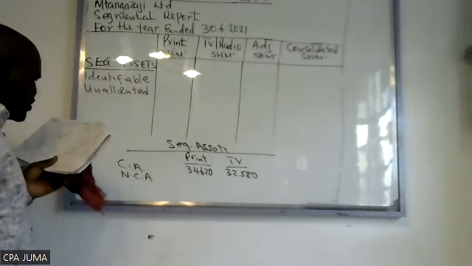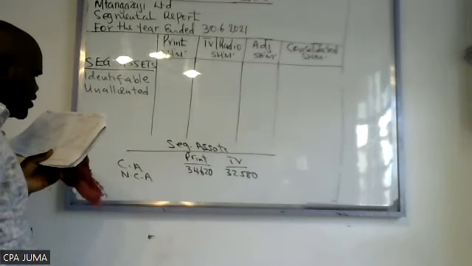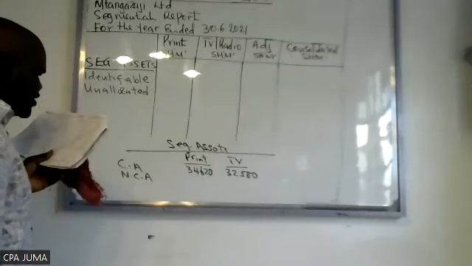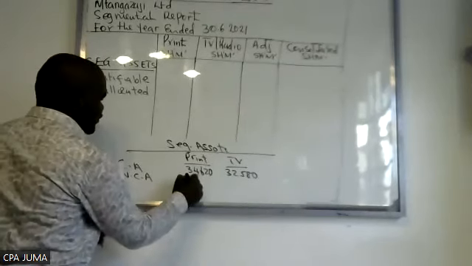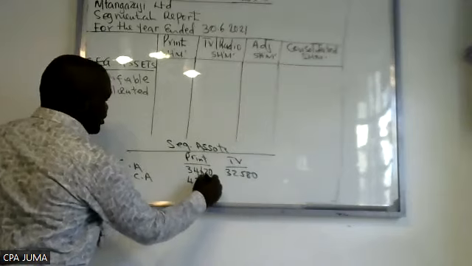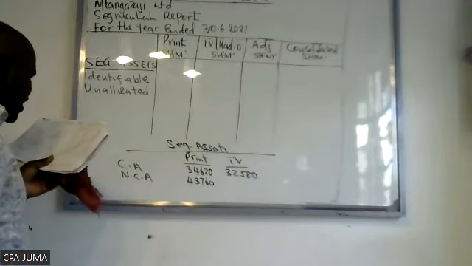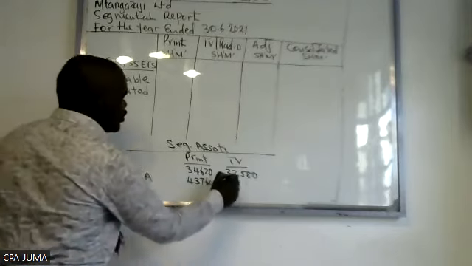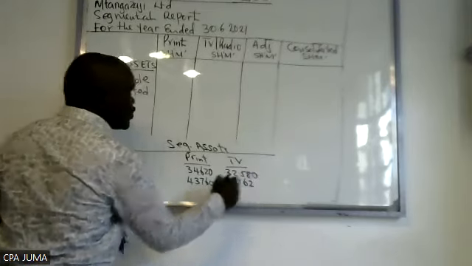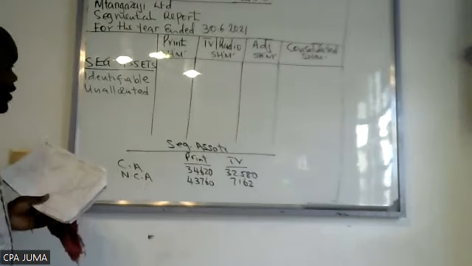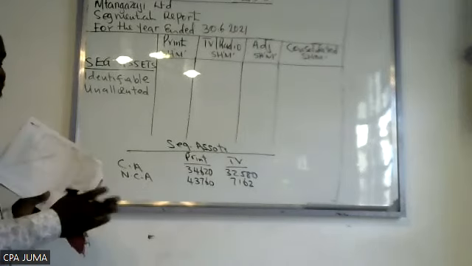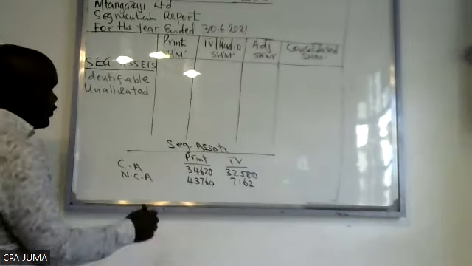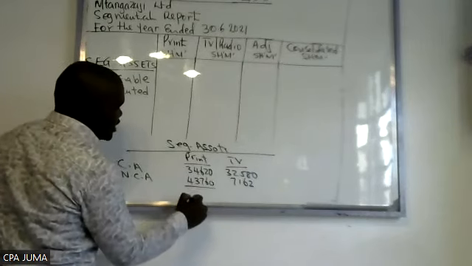Then non-current to be 43,760 for print, then TV to be 71,62. If you are satisfied with those figures, your figures, I might mess up. If you're okay with them, then please add for me.